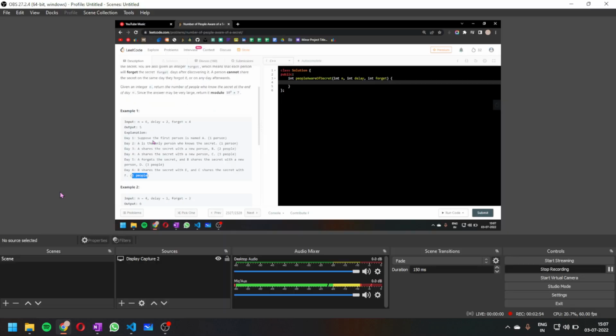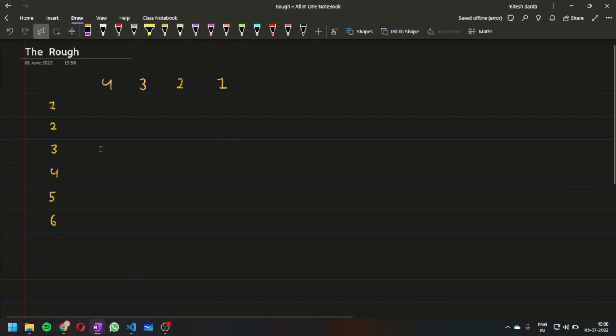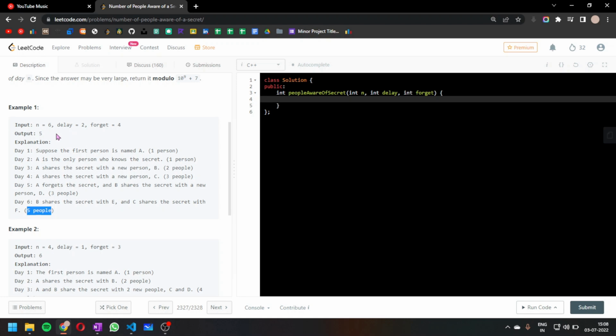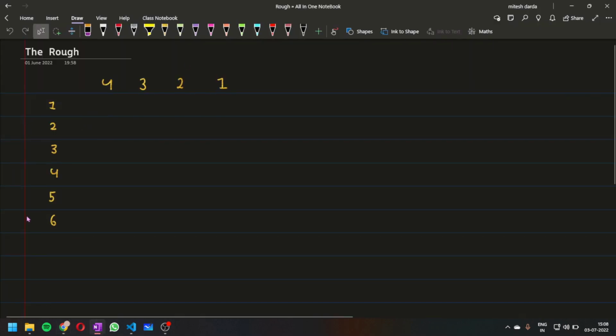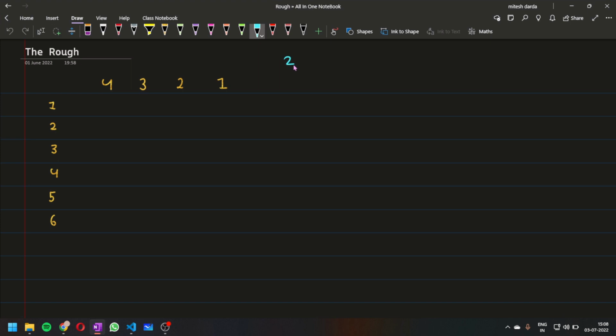Now if there is a little confusion in understanding it this way, we are going to write it down and understand it using a different approach. So we have a total of 6 days, a single person will forget after 4 days, and the delay is given to us as 2 days.